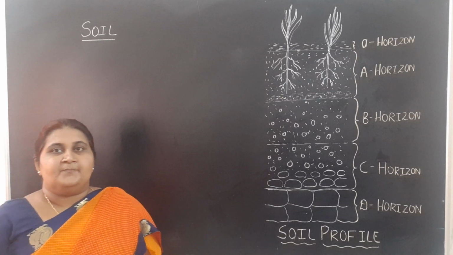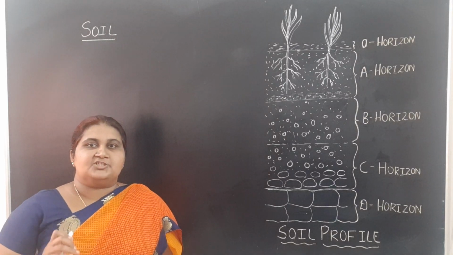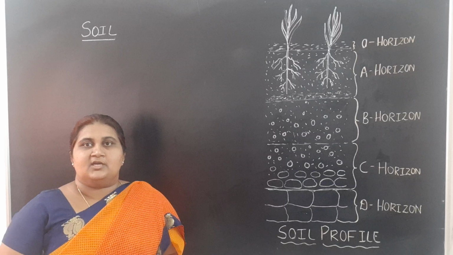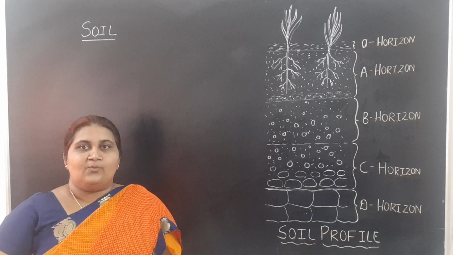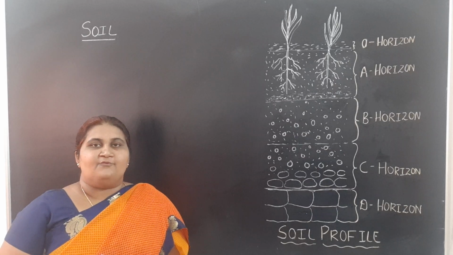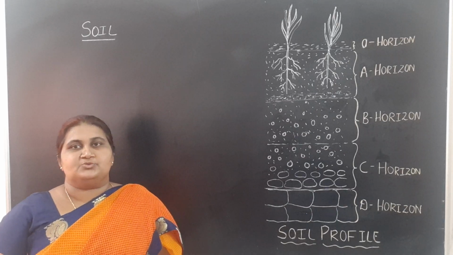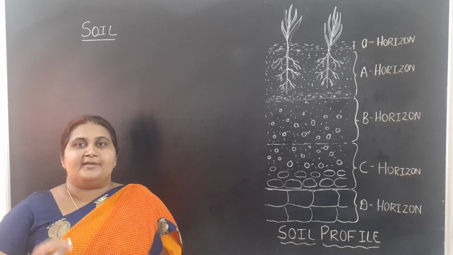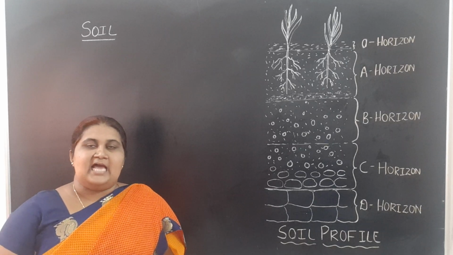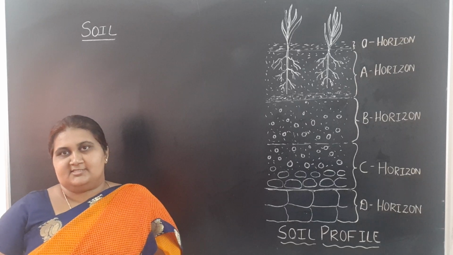Humus. So what is humus? Partially decomposed organic matter, which provides a place for plants, anchorage to the plants, as well as supports soil microorganisms as well as animals.